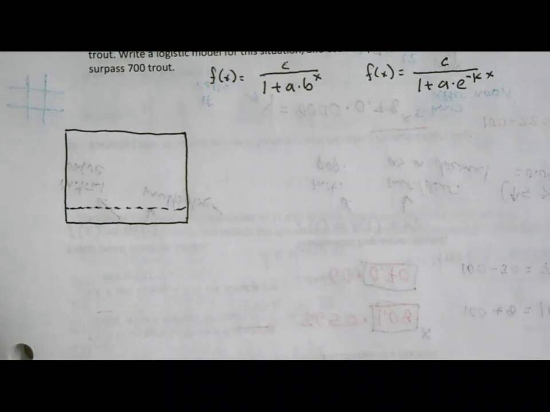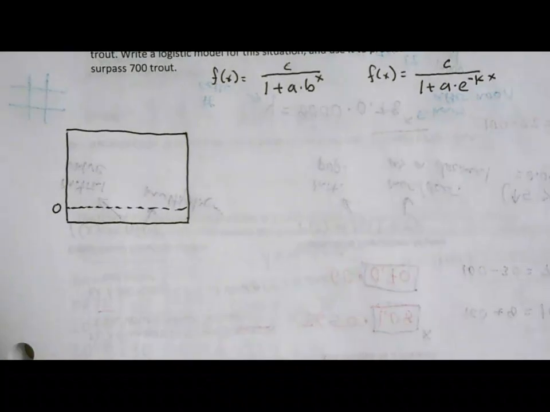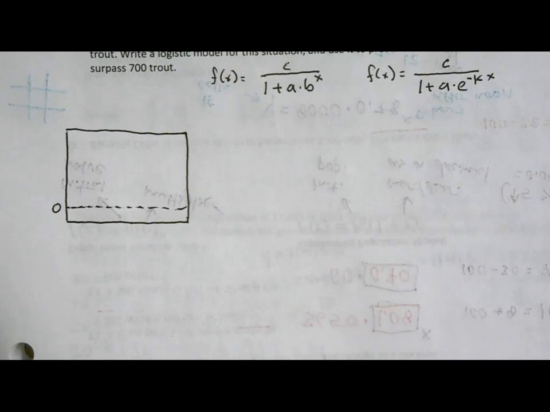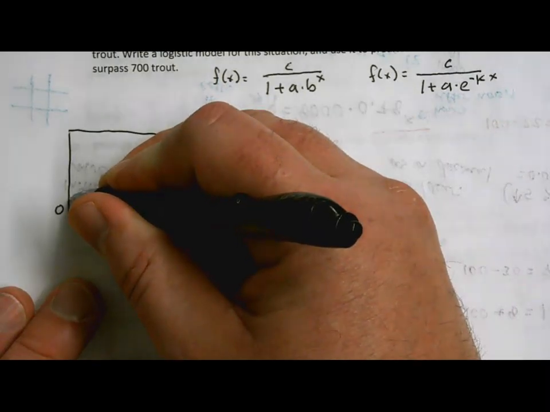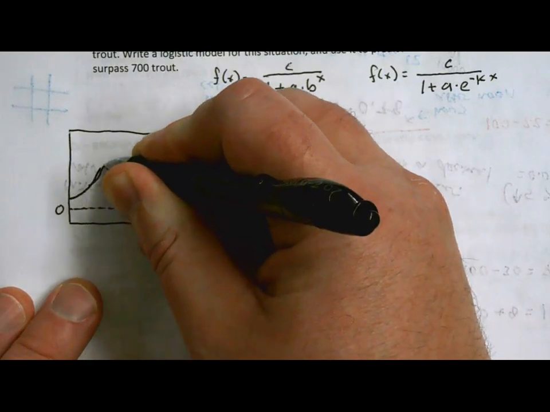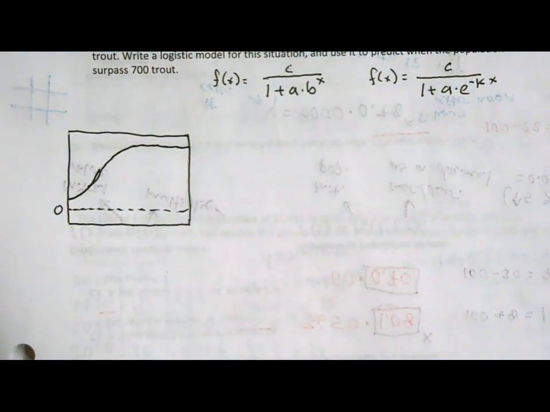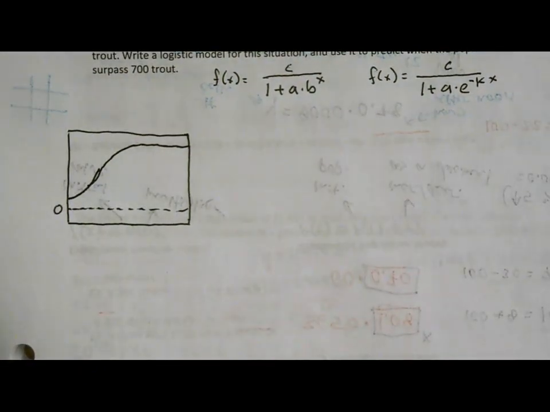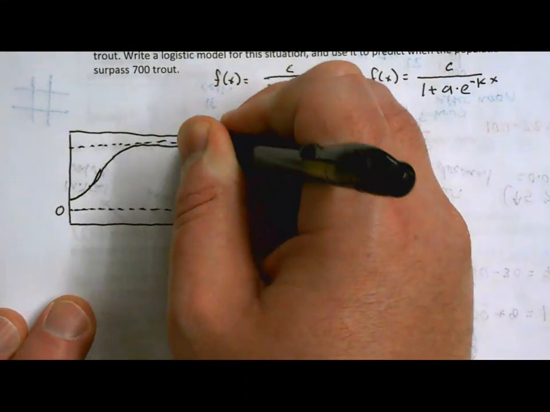That's just my thing. So I'm going to have this be 0 here, and because it's a logistic function, we know that that is a horizontal asymptote. We know that a logistic function is going to curve upwards, but then eventually level out, something like that. And we know that there will be another horizontal asymptote at that level out spot.